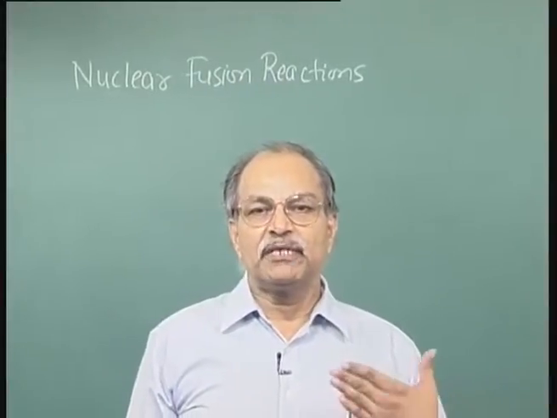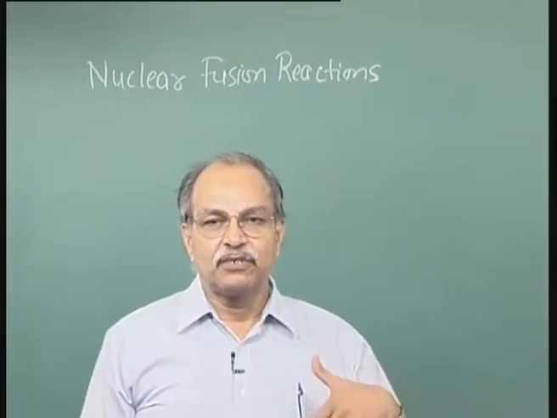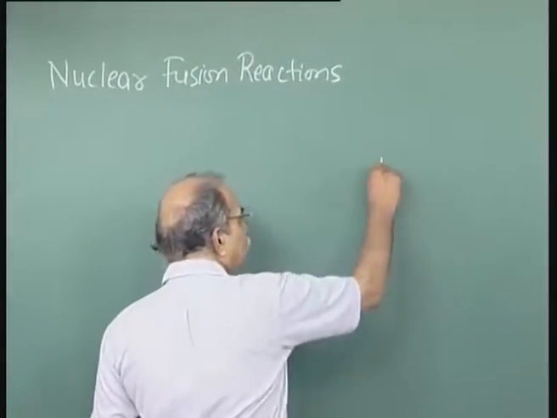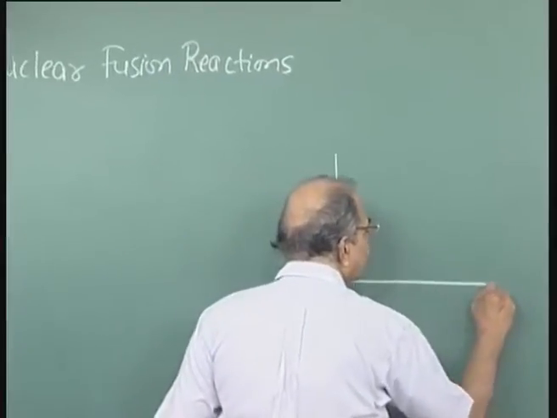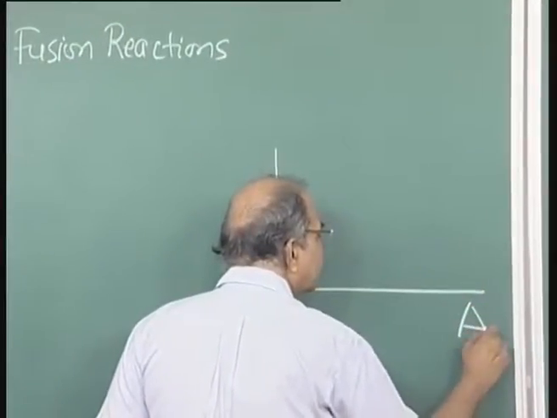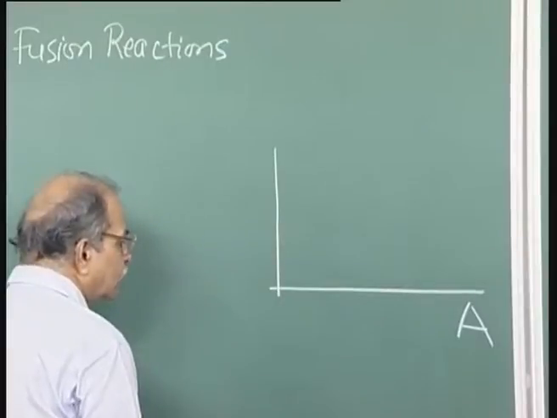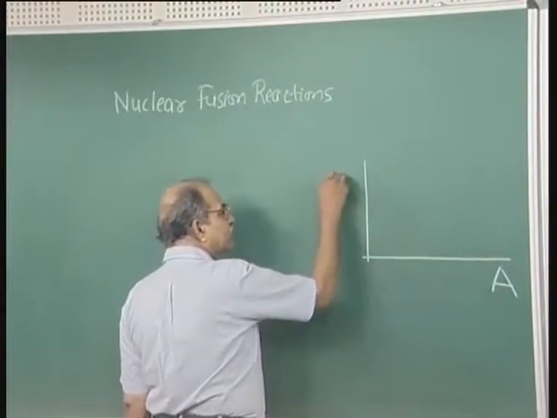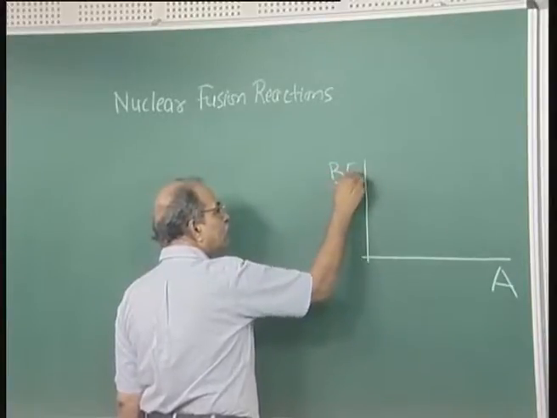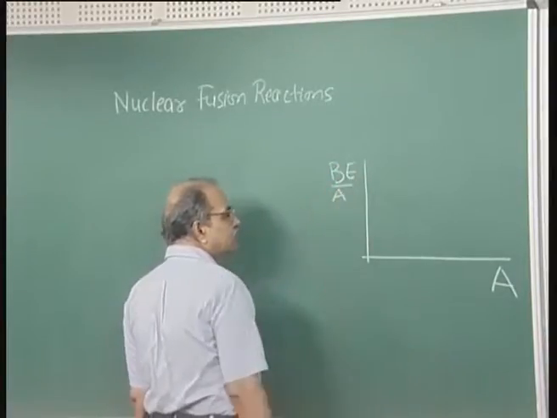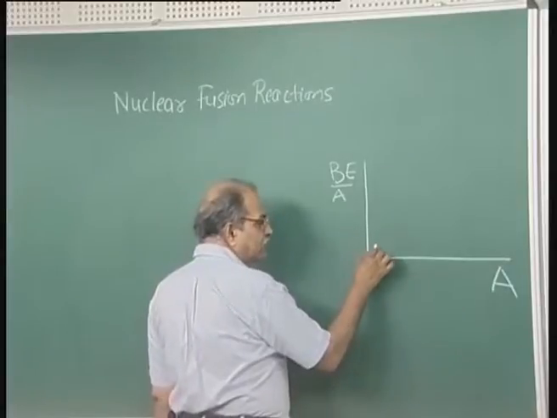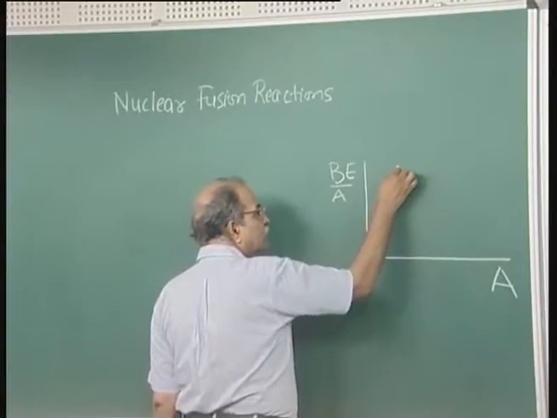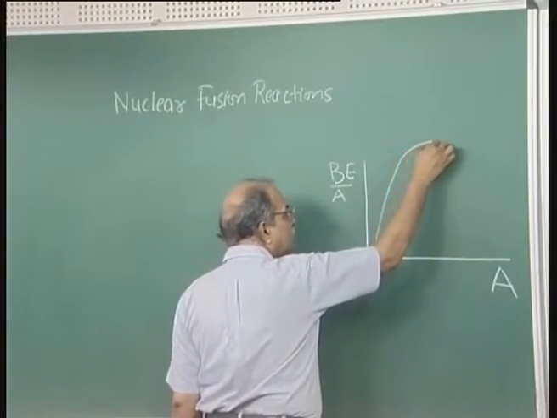So, if you remember that binding energy per nucleon versus nucleon number, mass number curve, if this is the mass number of a particular nucleus, and then the binding energy divided by this A, binding energy per nucleon is here. On the average it increases in the beginning, and then it goes to a maximum and then slowly decreases.